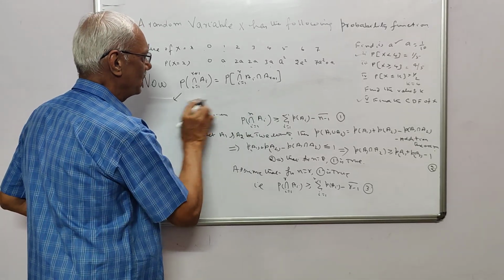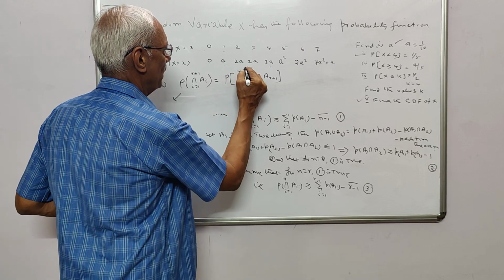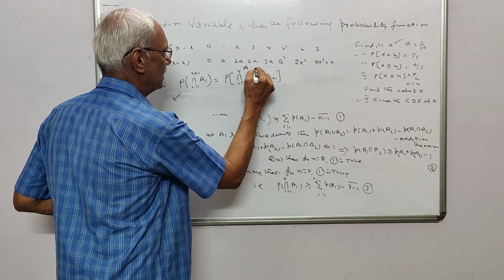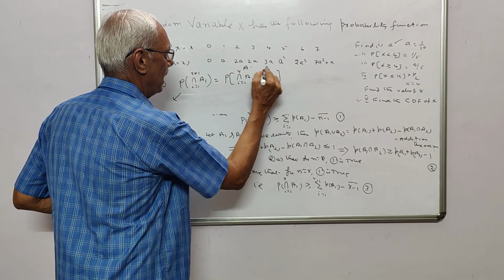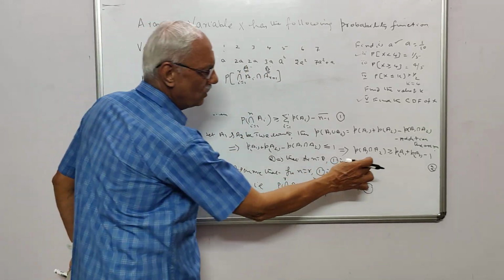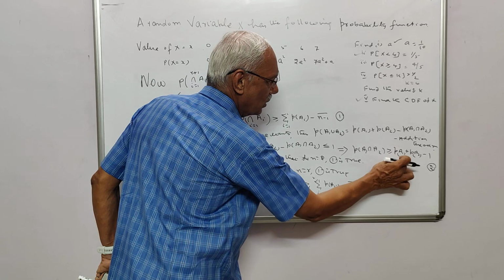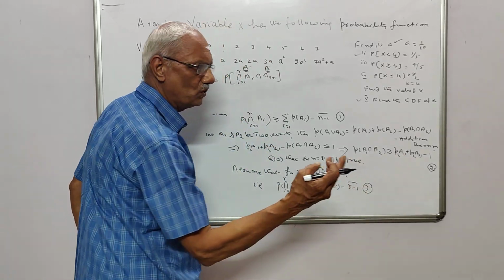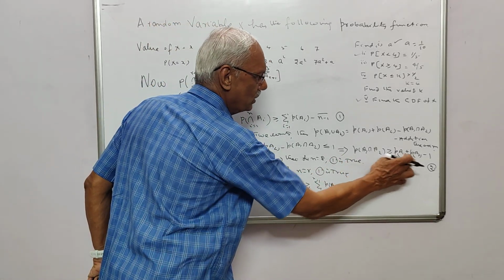Now you can view this as your A, and this as your B. Now I can use the proof for two events: if there are only two events, then this 2 is true.